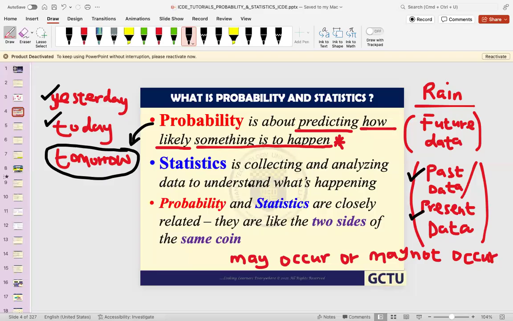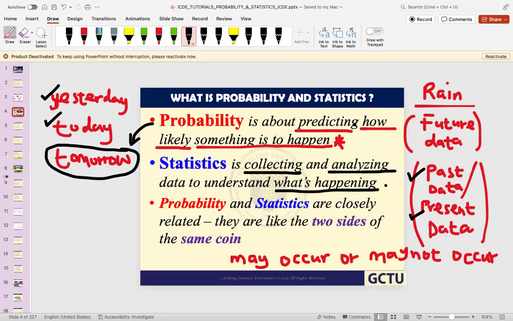The definition of statistics is that statistics is the process of collecting data and analyzing data in order to see what is happening. I repeat, statistics in a simple explanation is the process of collecting data and analyzing data to understand what is happening.